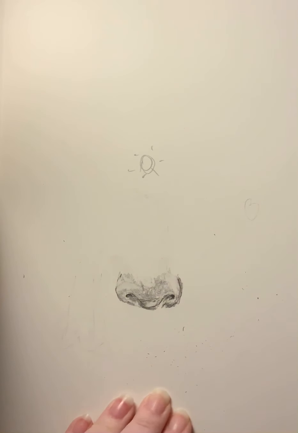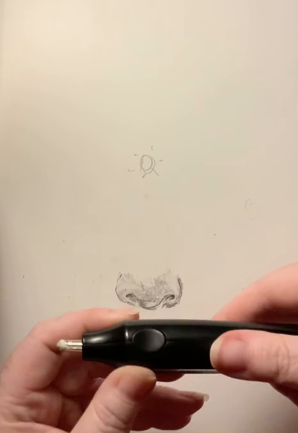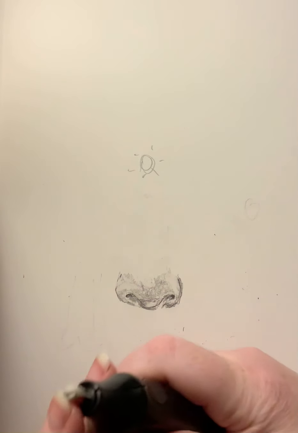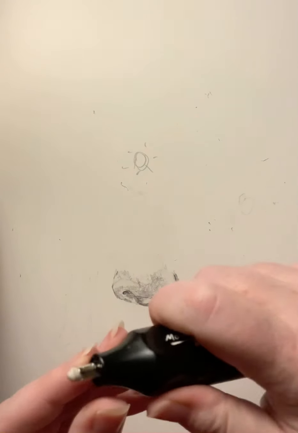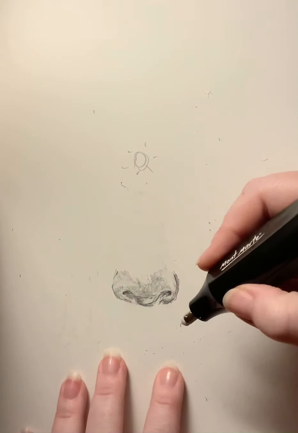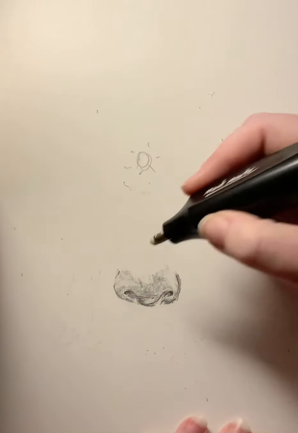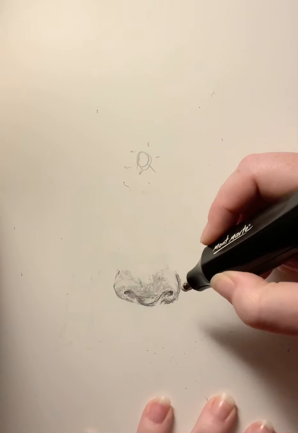I'm going to use my electric eraser. You guys know I love my electric eraser. You just always have to make sure that the tip is clean, and it's not right now, so I'm just going to clean it real quick. And that's all you have to do to clean it. And when you do that, you get a nice point. So let me see where I want to put these reflected lights.